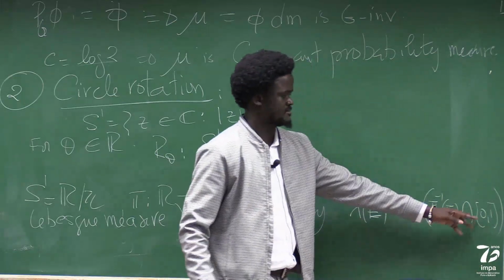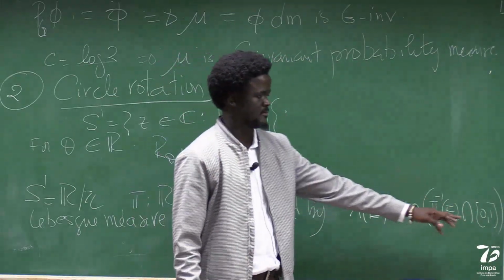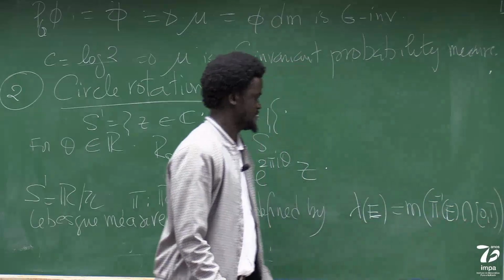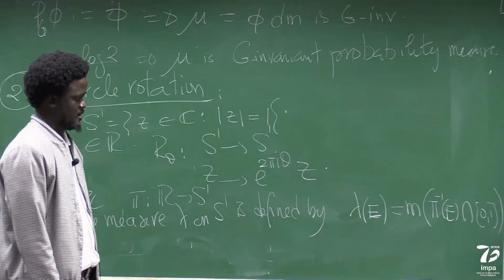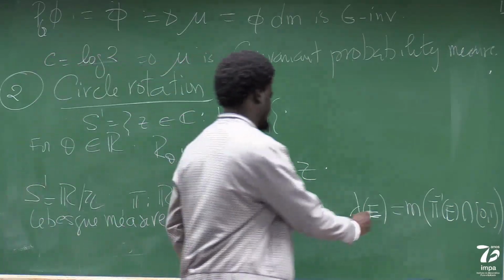You could have taken 1, 2, or whatever here. So this is Lebesgue measure on R.